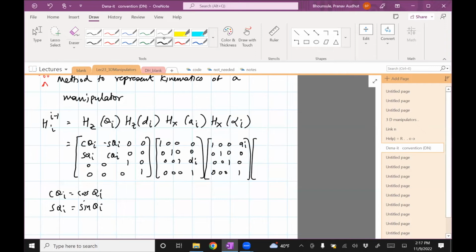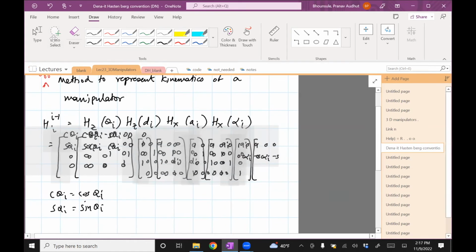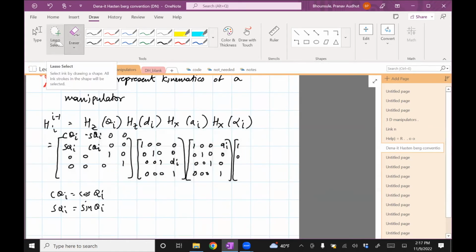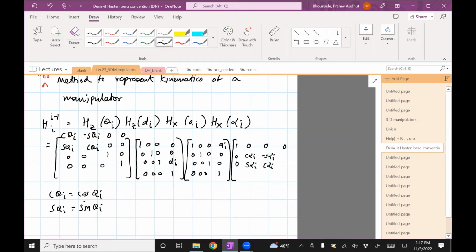And finally, there is rotation about the x-axis, with 0, c alpha i, minus s alpha i, and so on.